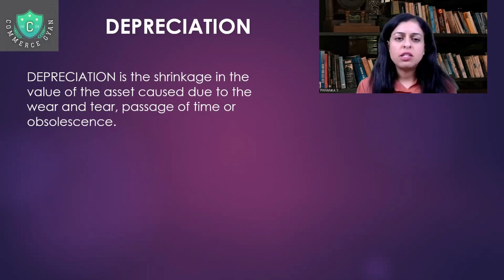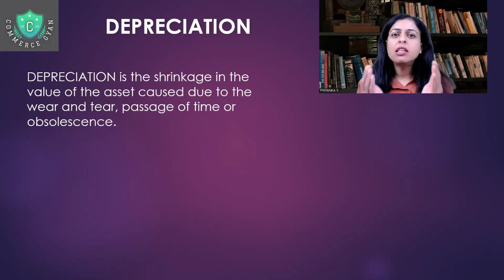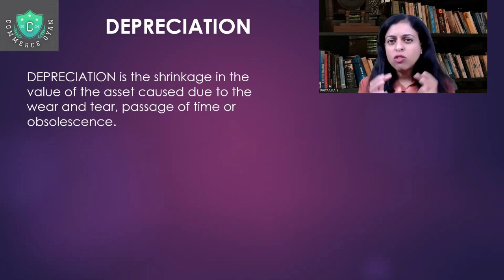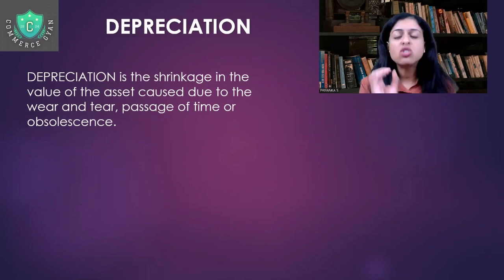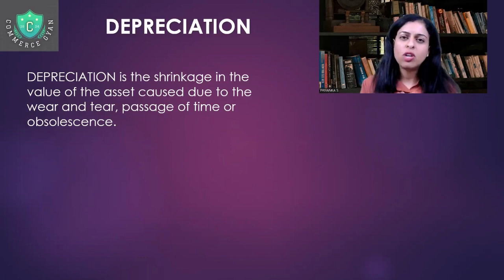So basically, the asset has some wear and tear, it is used up, or there is some duration of time for which it is used, and after a certain duration of time, it becomes obsolete, right? So the asset is considered, and the shrinkage in value, the reduction in the value, is also considered. We have the shrinkage in the value equivalent to what we call depreciation.